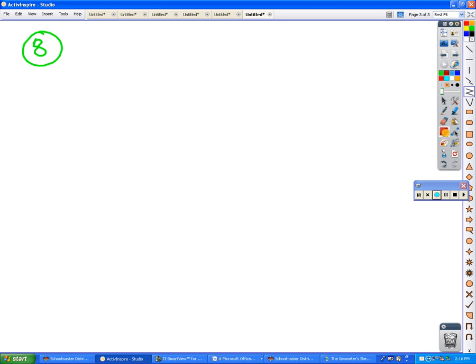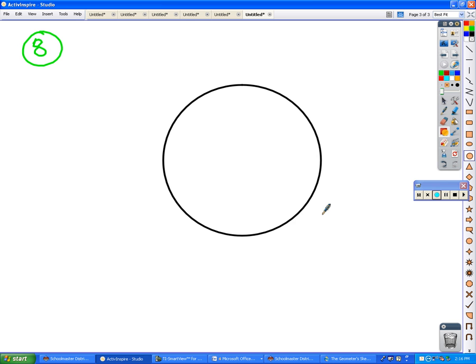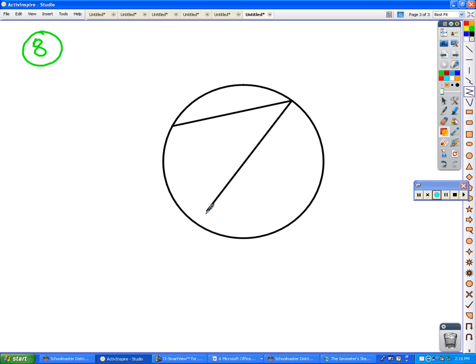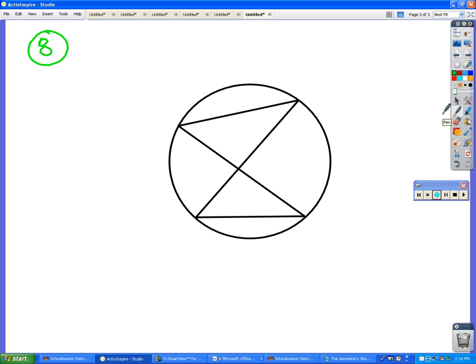Okay, number 8. Same kind of deal, but now our triangles are inside a circle. And you might think that this is going to be the same as the last one. But if you did, you would be wrong.